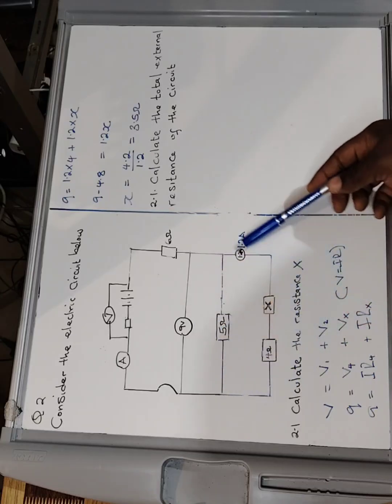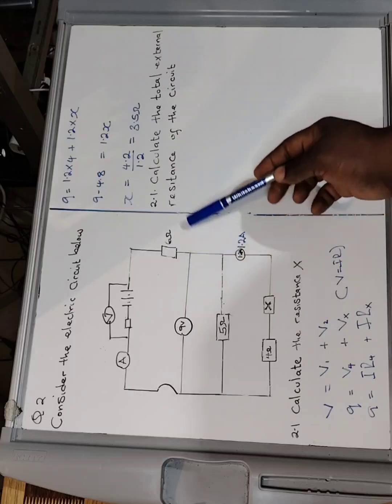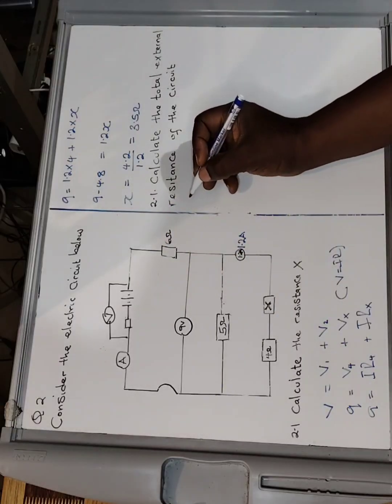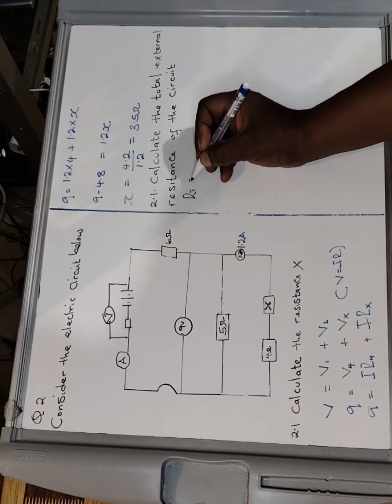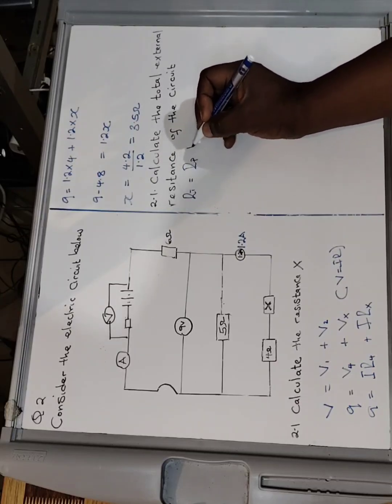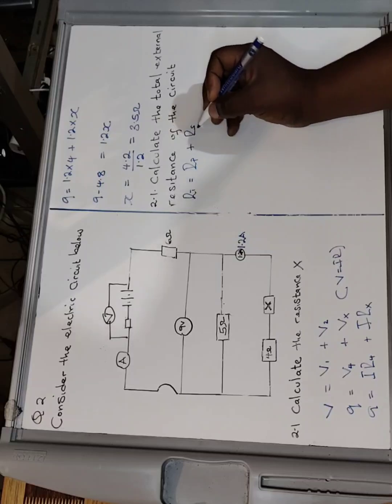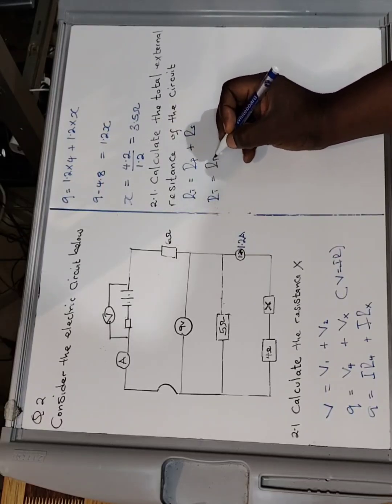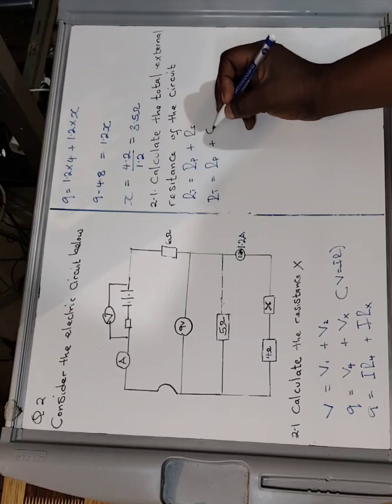We can call this one resistance, and this one another resistance. So we have two clusters, and we are going to say R total is equal to R parallel plus R series. R series is known and is 6.